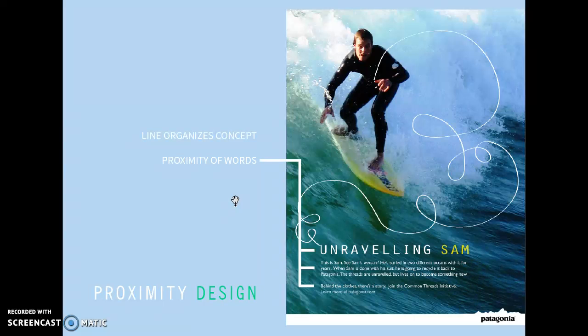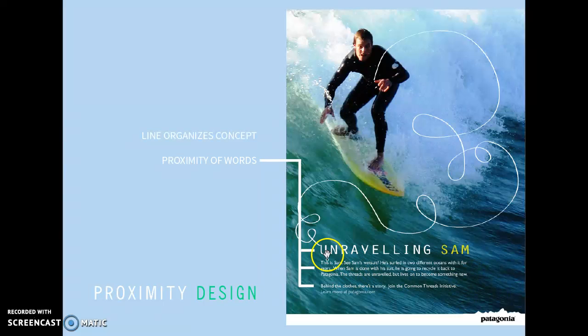For proximity, let's start with this title. You see the title, and the proximity is close, so it shows that there's a relationship between the title and this paragraph. And then this second paragraph down is different, but yet it still has a relationship with it.